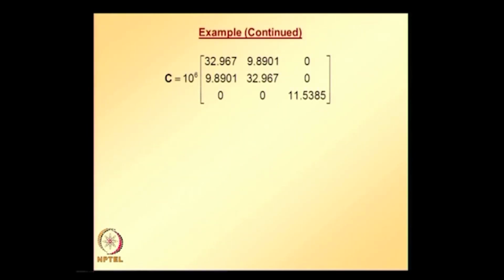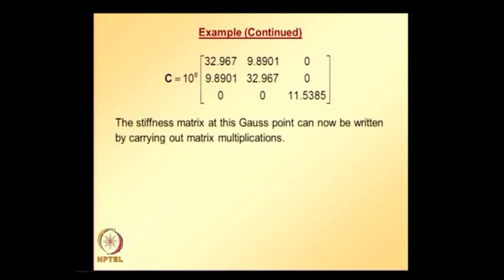Using the material property details, we can easily write the constitutive matrix for this particular problem. So, the stiffness matrix at this Gauss point can now be written by carrying out matrix multiplications.